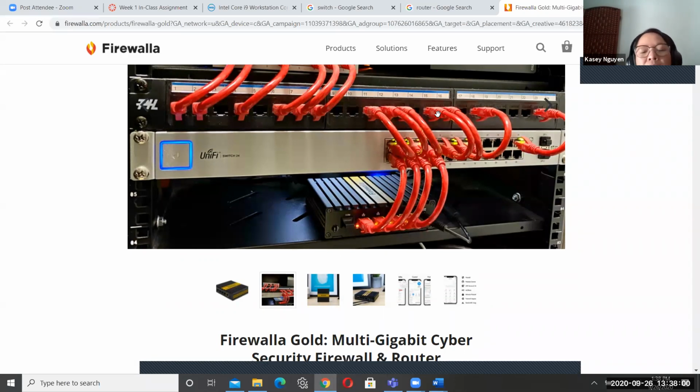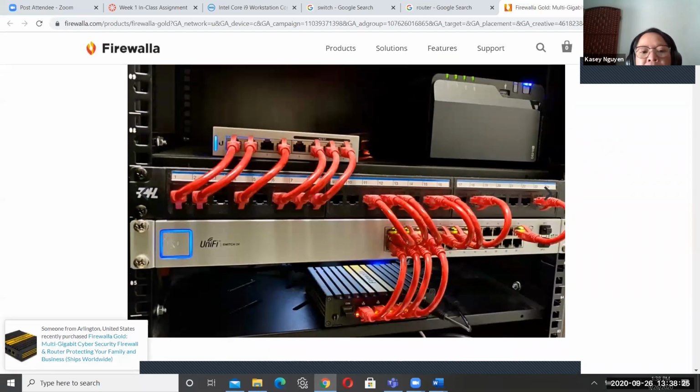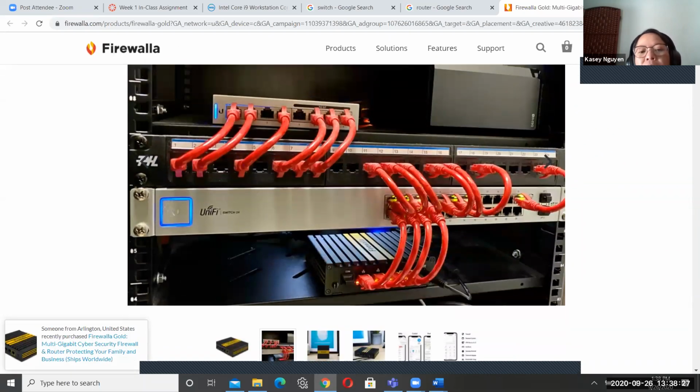And then right here is the uplink switch. This guy right here, its job is to get all the switches' traffic, bring it to the router, and then it forwards it to the cable here. Okay. So this kind of gives you a little bit of a picture of how they would use this.